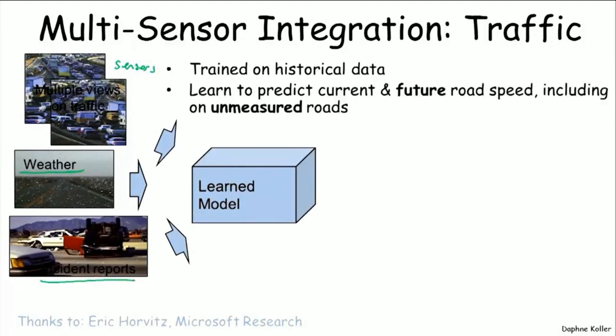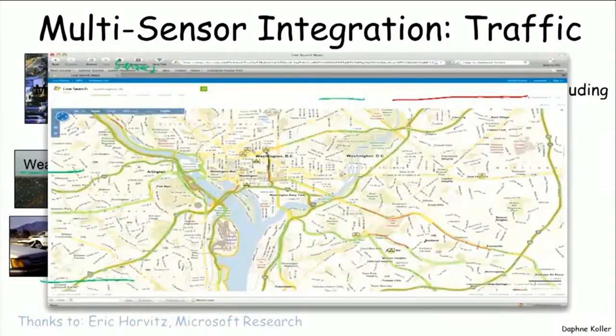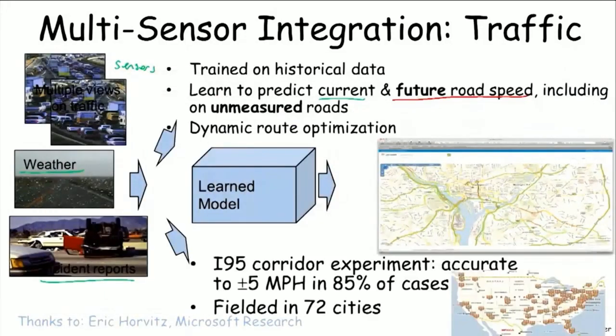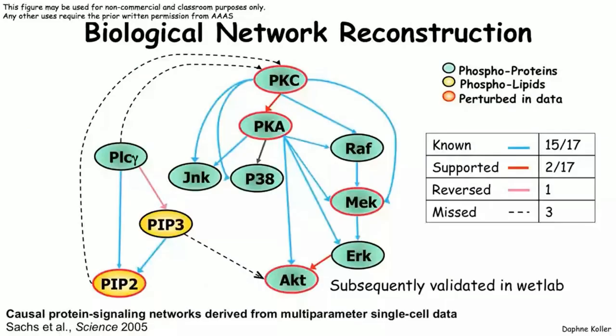That model is then used to predict both current and future road speed, including not only on roads where we have sensors that measure traffic, but even more interestingly on roads where traffic wasn't measured. It turns out that this was a very successful application that was fielded in several large cities, with very good results.